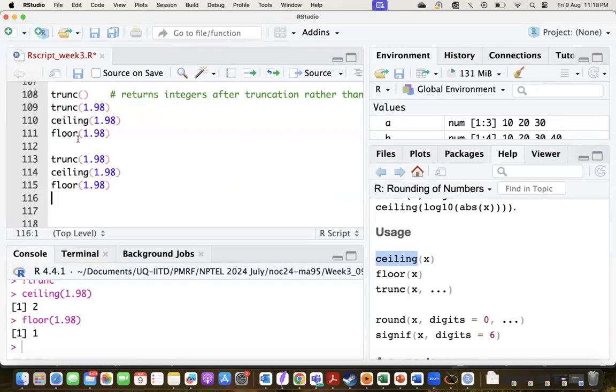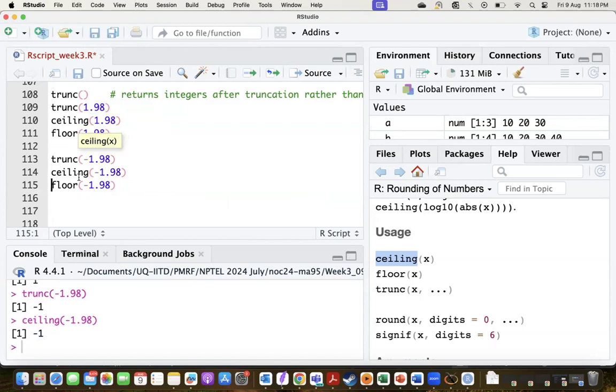There's one important thing which we should discuss here. That is what would happen if there were negative values. If I'm doing a truncation on a negative value, truncation basically means I am just ignoring the decimal. It doesn't matter if it's a negative number or a positive number, I just ignore the decimal. So I get -1 here. For ceiling, we get the next higher number, right?